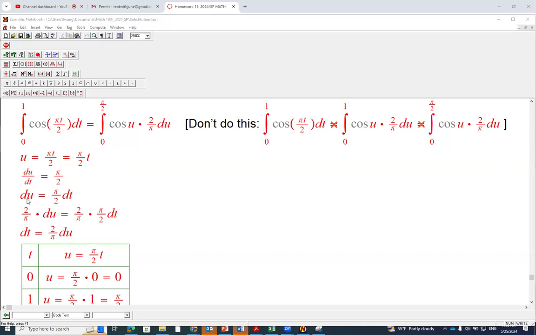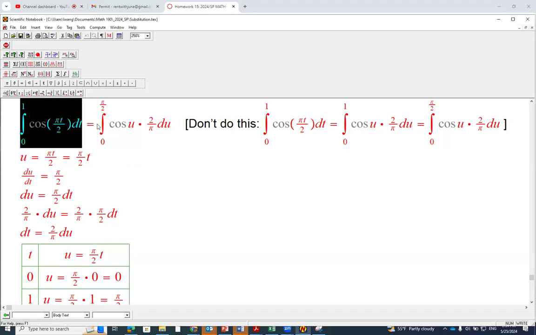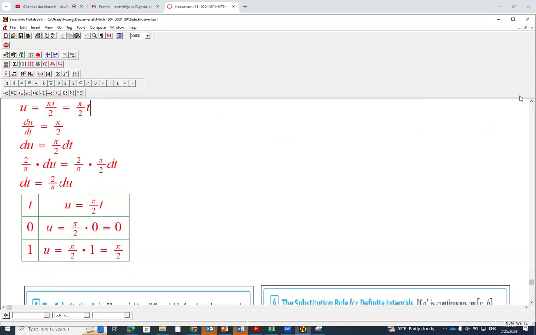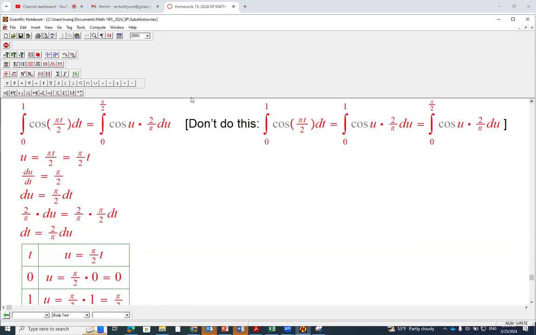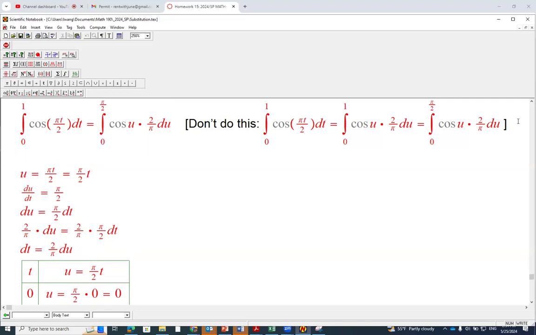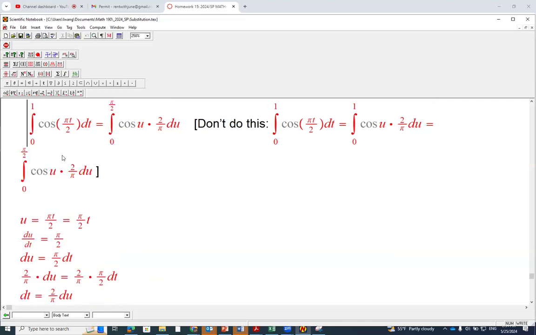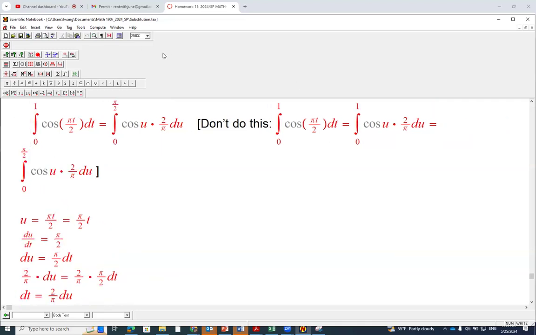All right, so let me clean this up. So this is step 1, step 2. From step 1, step 2, all this work needs to be done, and you can put it on the side. So now we can complete our work.